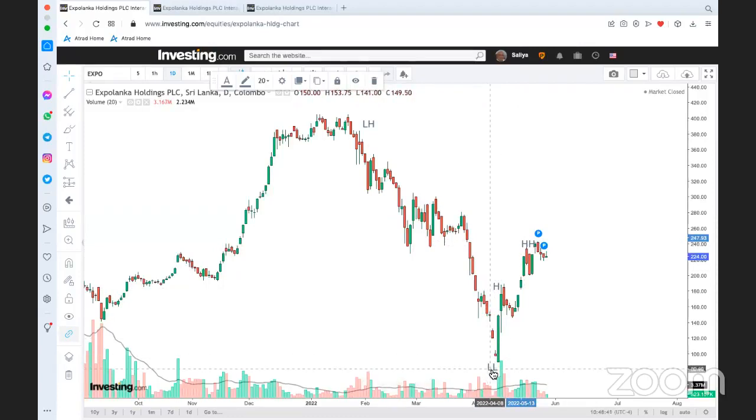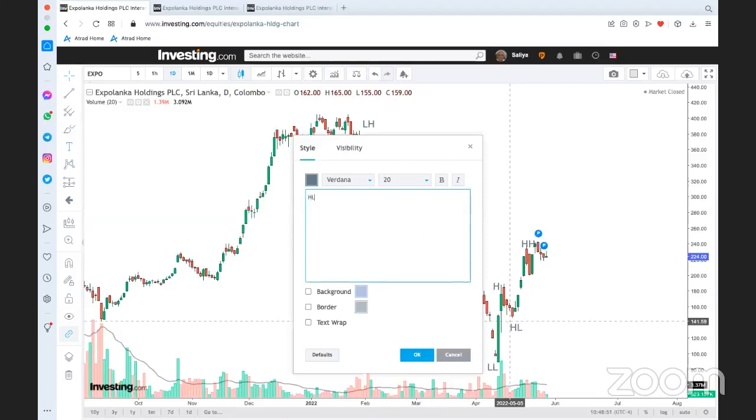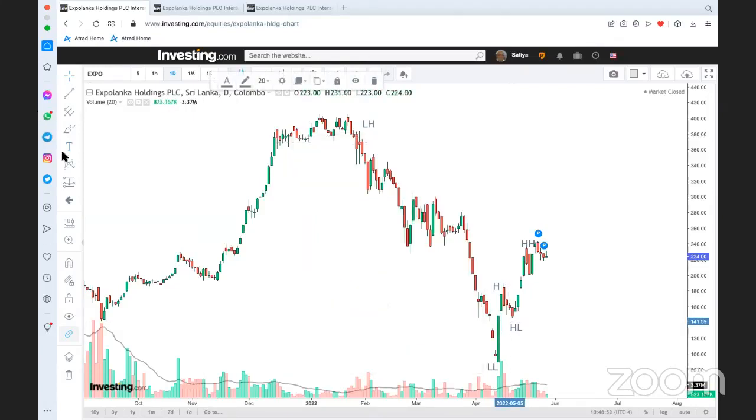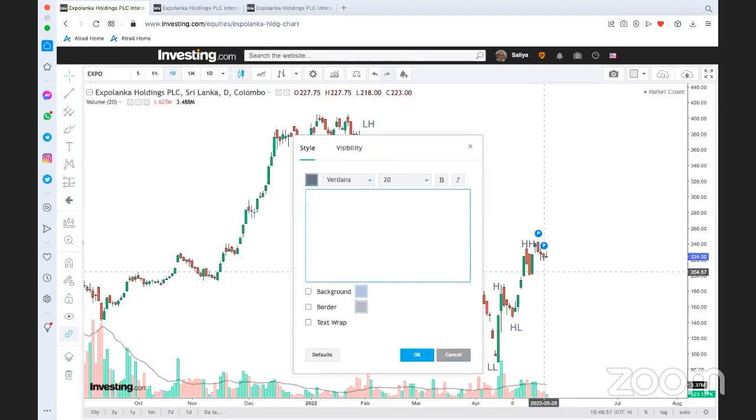These lower lows become higher lows. LL becomes HL. Right?